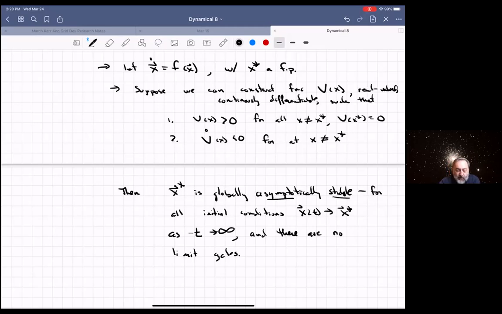So the idea is if you can find this function v of x such that it's 0 at the fixed point, it's positive everywhere else, and its derivative is negative, then you know that the fixed point that you found is globally asymptotically stable and there are not any periodic orbits.